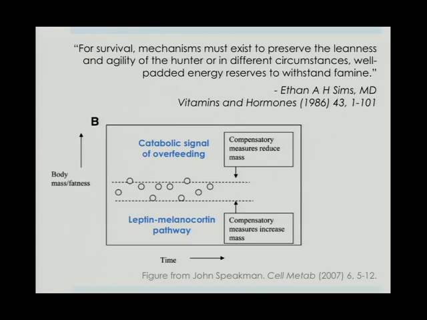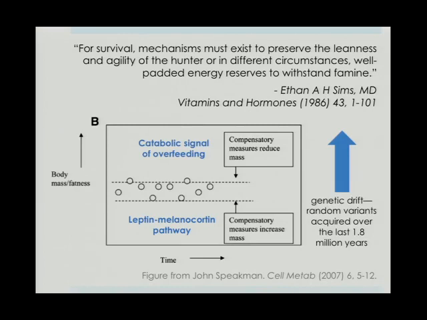So the big catch in this, however, is that humans and our most recent ancestors have had very few predators and little trouble catching prey since we started using fire around 1.8 million years ago. And as the theory goes, this catabolic signal has undergone genetic drift or random mutations, not subject to selective pressure.